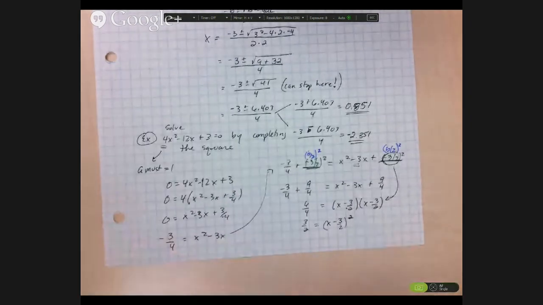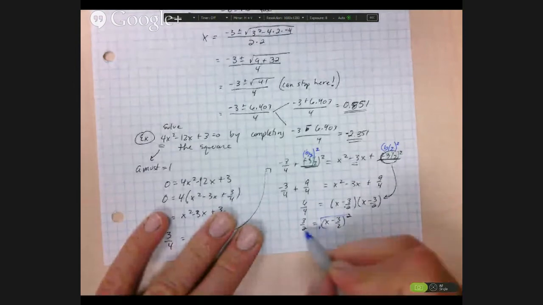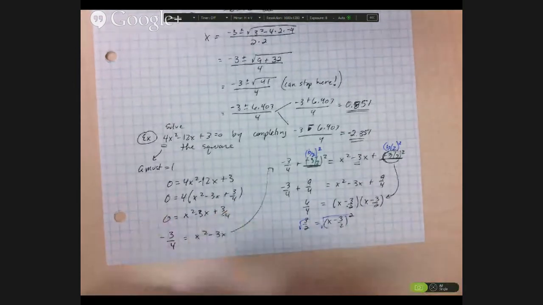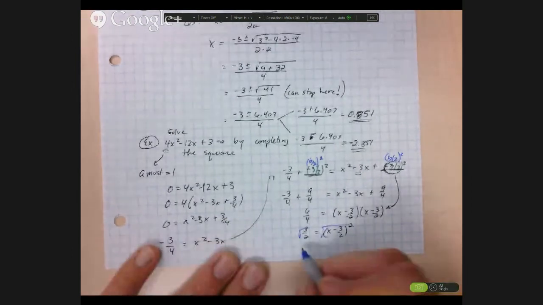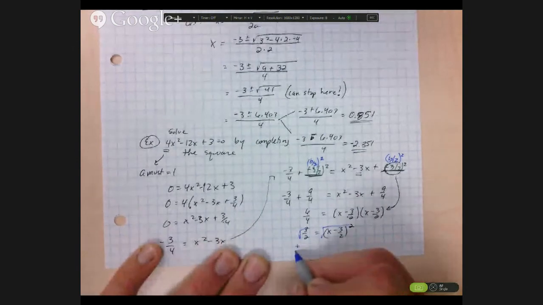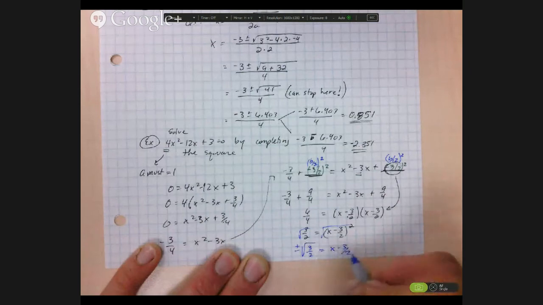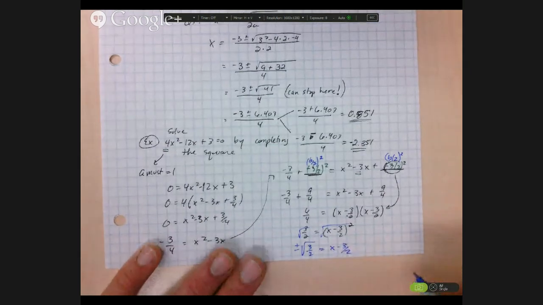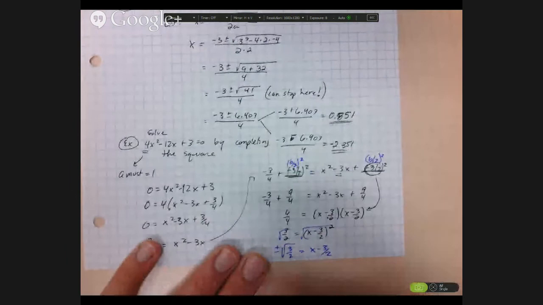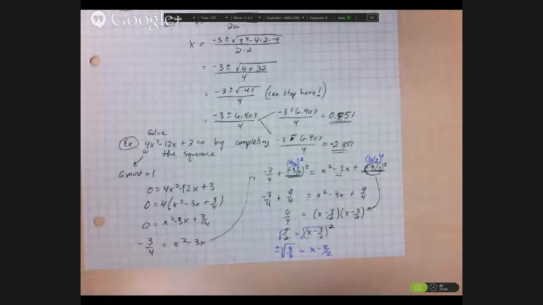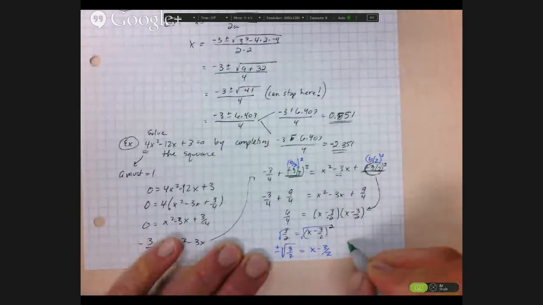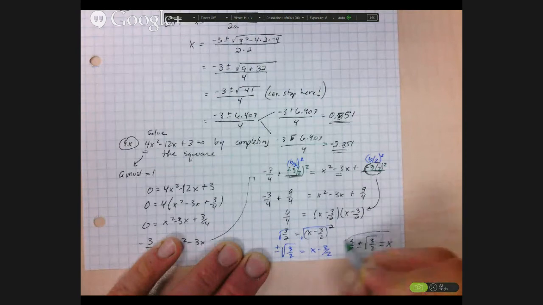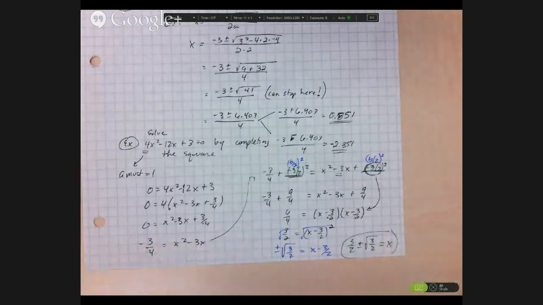To solve, square roots, I get plus or minus, and then my last step is going to be to add the 3/2. So 3/2 plus or minus the root of 3/2 equals x. Those are the roots of that equation.